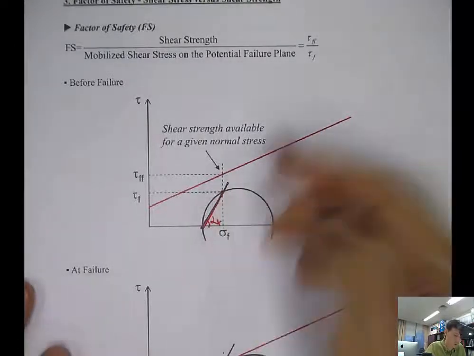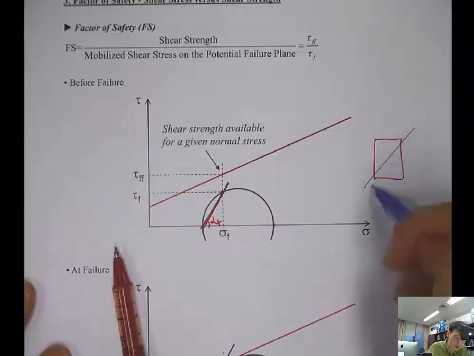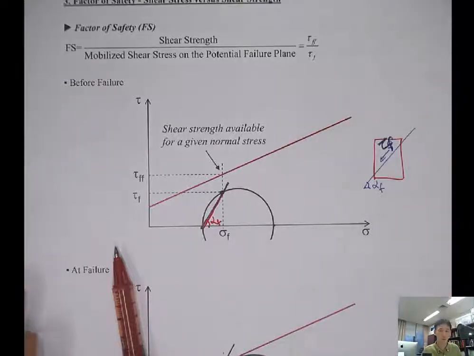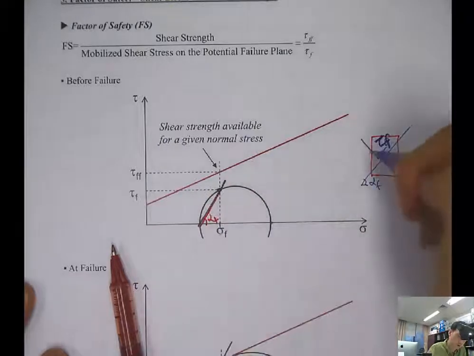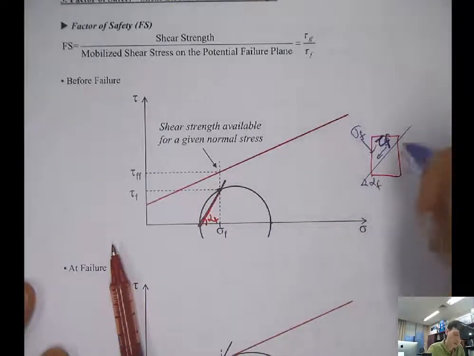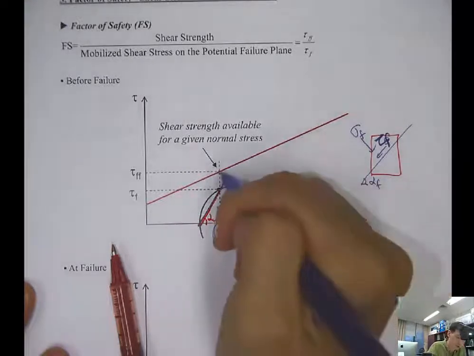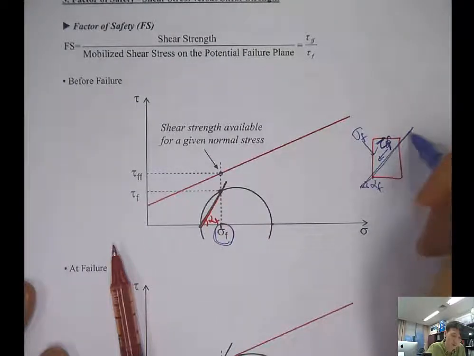right? So you have the soil mass with the alpha f, and here is the tau theta, no, tau f. And this is the sigma f of this failure plane. If we know the sigma f, then we know the shear strength available for a given normal stress on this plane.